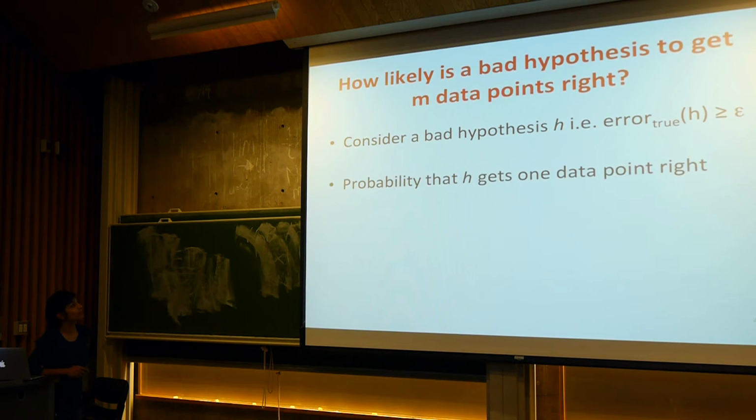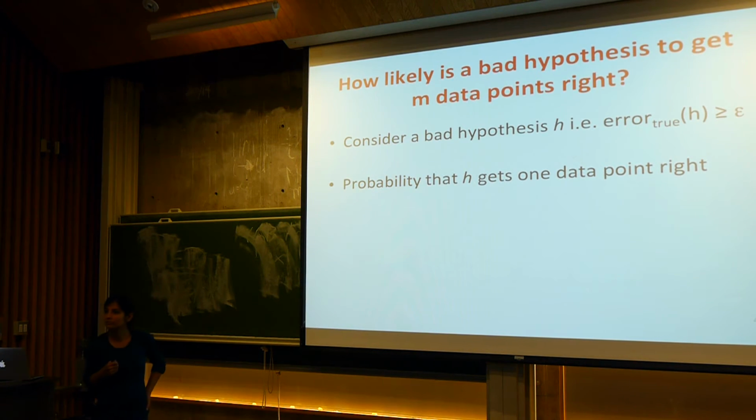So let's look at the probability for a particular hypothesis, the bad hypothesis, which is characterized by true error being bigger than epsilon. What's the probability that this classifier gets one data point right? By the way, true error here is just the classification error, so that's just the probability of error.